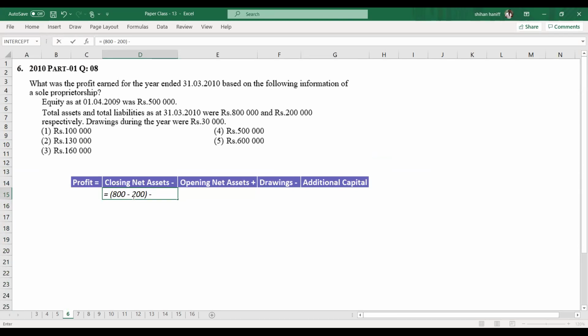And the opening net asset is 500, plus drawings 30,000, and there is no additional capital. So if you solve this, the answer is 130,000.